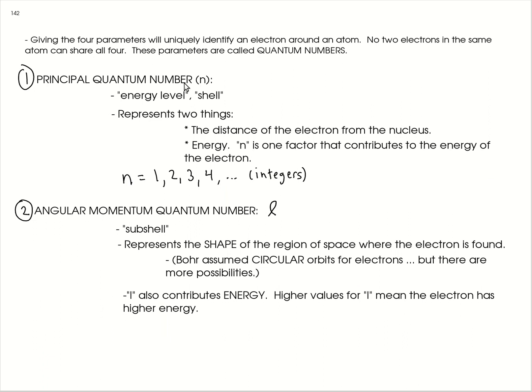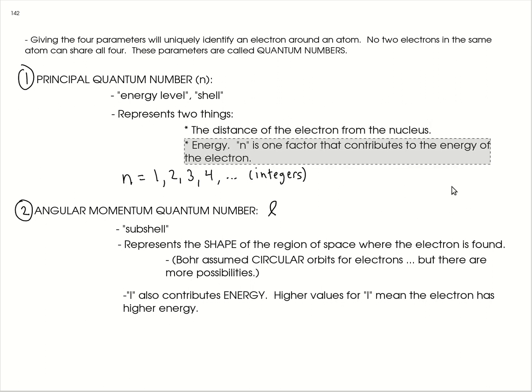First, let's talk about the principal quantum number. Luckily for us, we kind of know that one already, because the principal quantum number, which is given by n, is essentially the same thing as Bohr's energy levels or shells. Now, in the Bohr model, the shell basically represented the distance of the electron from the nucleus. And basically that's all there was.